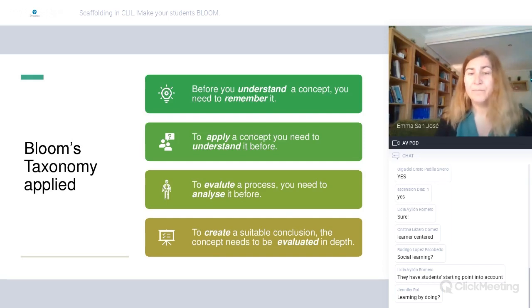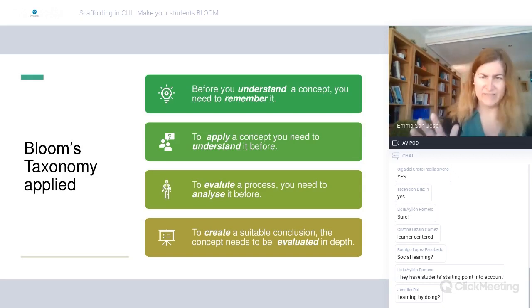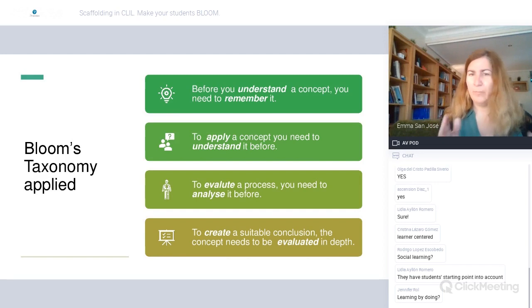So imagine I tell you now, everybody please, take your pencils and mix colors with them. It's like, sorry, what pencils, what colors, what are you talking about? You're not going to do it because you don't know what I'm talking about. You haven't understood my instructions beforehand. That's a very simple example, but you know what I mean.